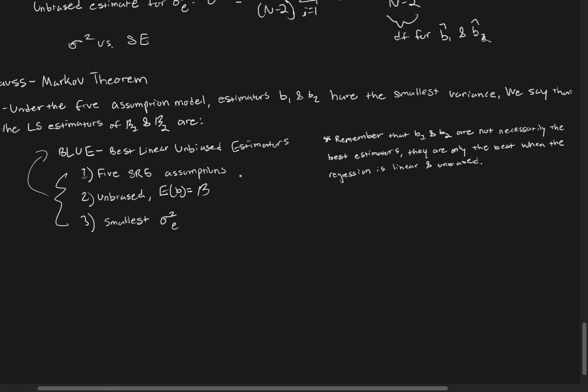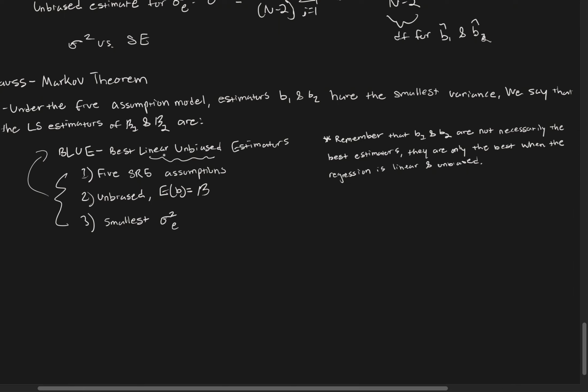It's only the best trend when they are under these assumptions. So they have to be linear and they have to be unbiased. Some of the trends we might make might not be linear and they might be biased. And then you might be asking, well, if it's biased and not linear, why would it be a better estimate? And that is a good question.